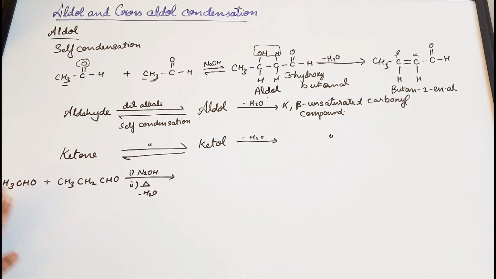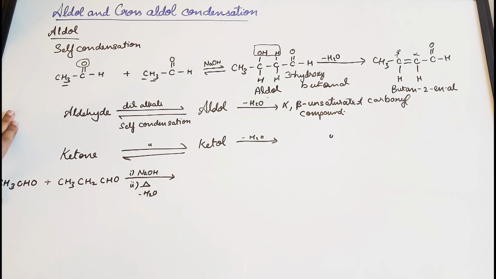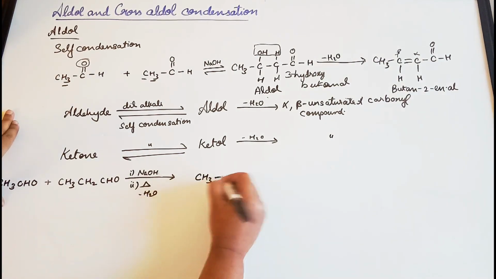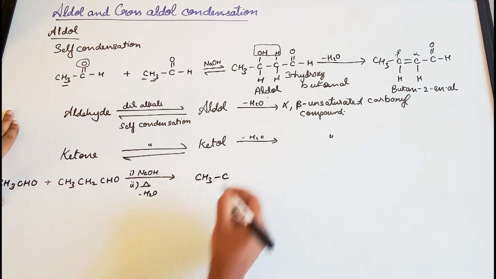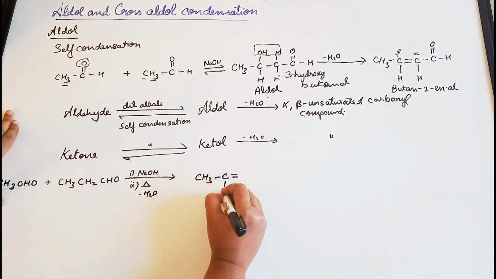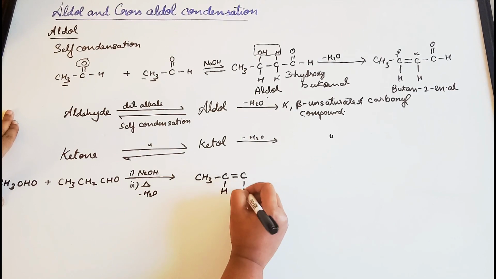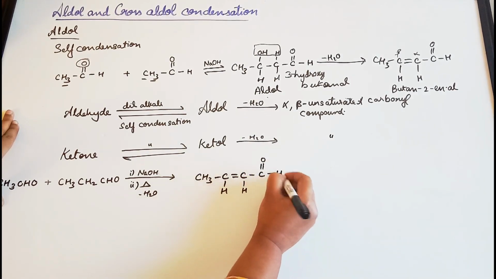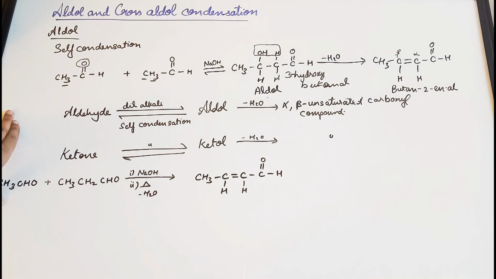If they undergo self-condensation, the number of carbon atoms is going to be 4. So CH3, C double bond C single bond CHO. Okay, and so this is but-2-en-al.